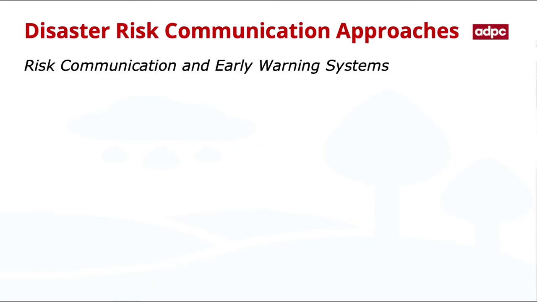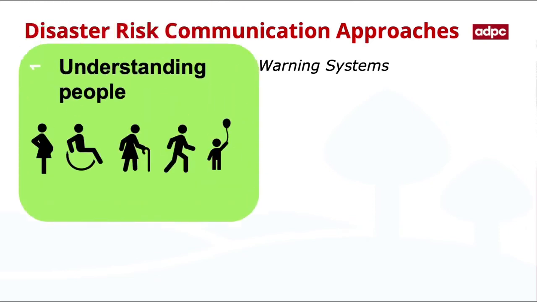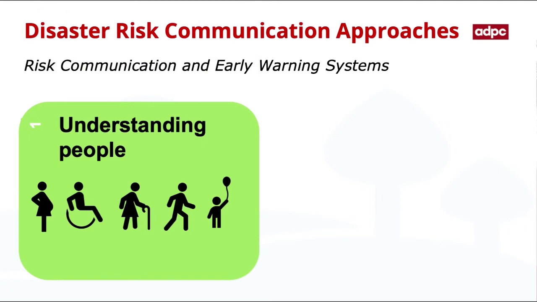One of the proposed approaches for risk communication in early warning systems focuses on 7 key elements. The first element is about understanding people. To help ensure that risk communication is effective, it is first important to understand what people think, feel, and do about risk, including what makes it easy or difficult for them to take certain actions.